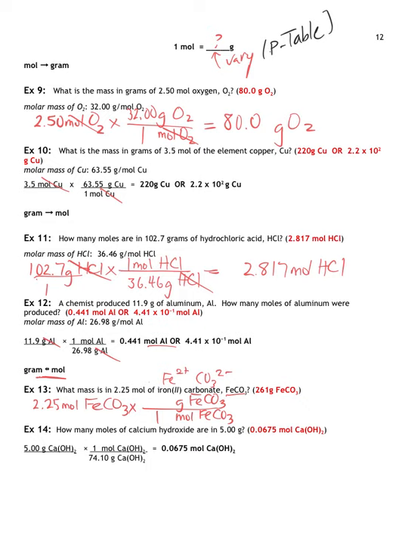Each oxygen is 16 times 3, which gives you, I got 115.86. So mathematically, we're just multiplying those two values. Moles cancels out, and I get 261 grams of iron(II) carbonate. Notice my sig figs are consistent. I have 3 sig figs here, and so my answer has 3 sig figs. I'm always going to be consistent with my sig figs.